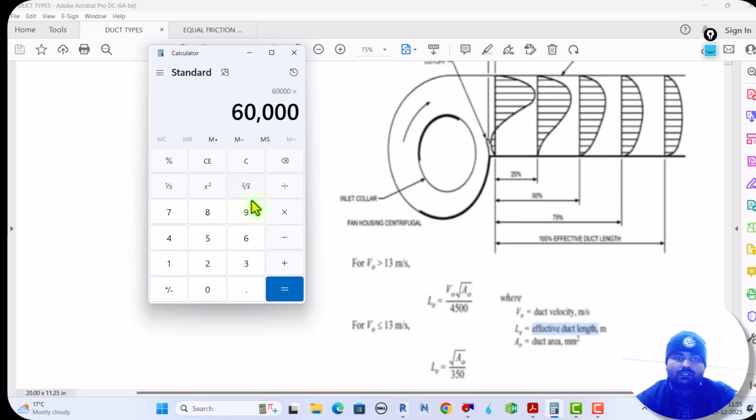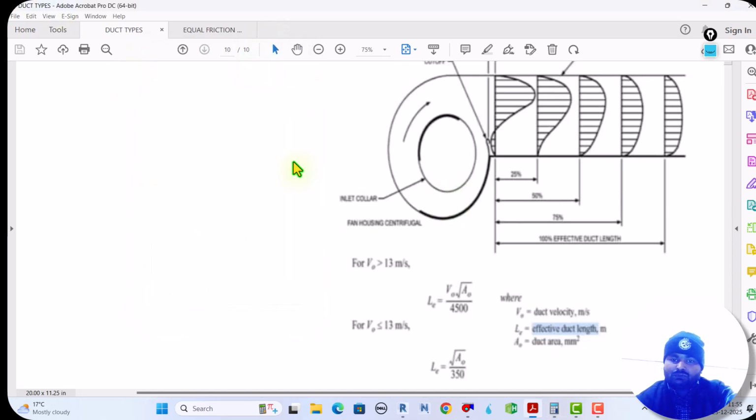how much? No, I made a mistake, I think. Under root 60,000 is 244.9, it means 245, divide 350. How much length? 0.7. Okay, this length will come in meter, right? 0.7 meter, so it means 700 mm, right?